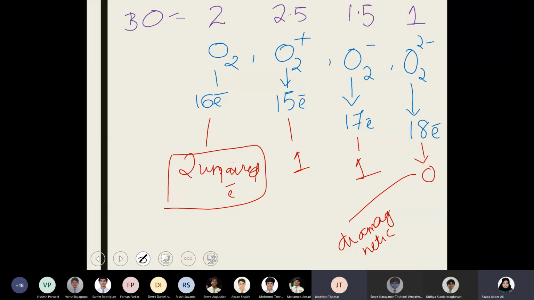Ma'am, the bond orders can be decimals, right? Can be decimals, yes. Any doubts in MOT? No, ma'am.